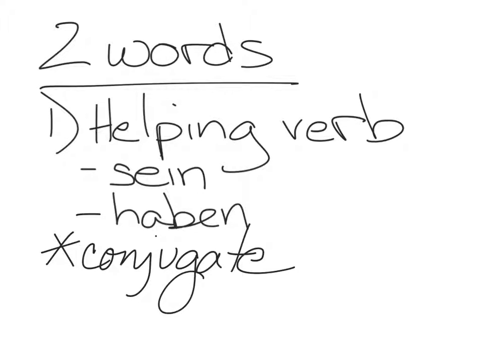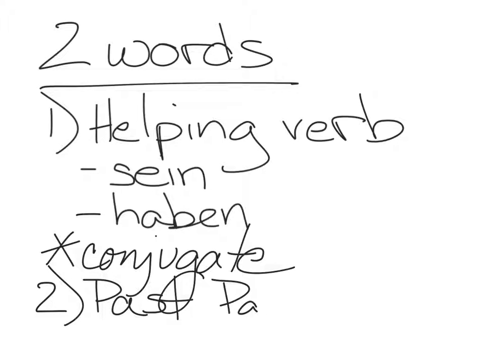Okay? So, the other one is called the past participle. Now the past participle, this is the one that once you learn what that past participle is, it will never, ever change.